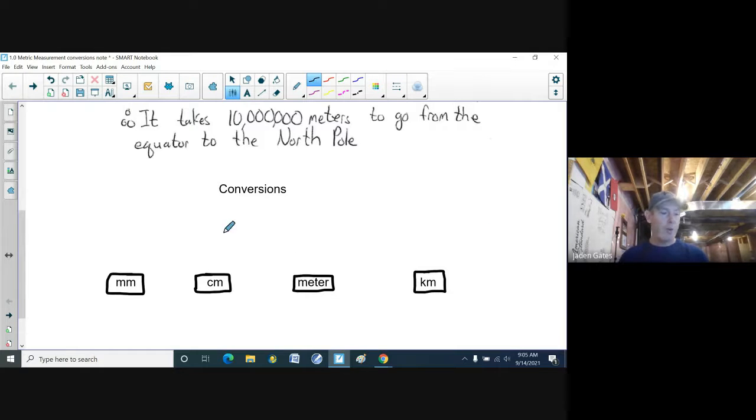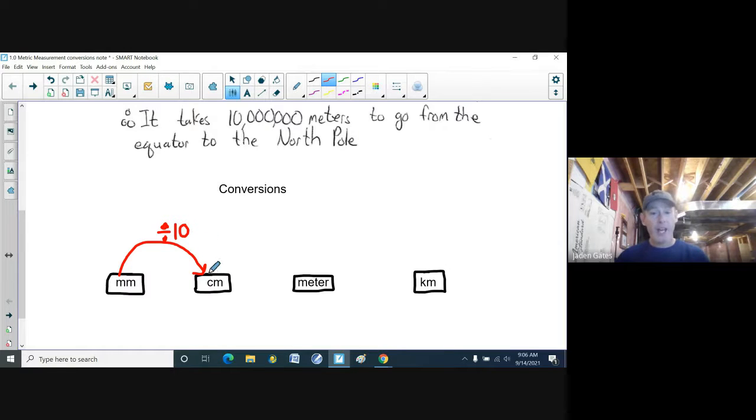Now, here's what we're looking for with conversions. We have millimeters, centimeters, and so on, and as we go from left to right, the distances are getting bigger. When I go from millimeters to centimeters, because a centimeter is bigger, I'm going to divide my millimeters by 10.